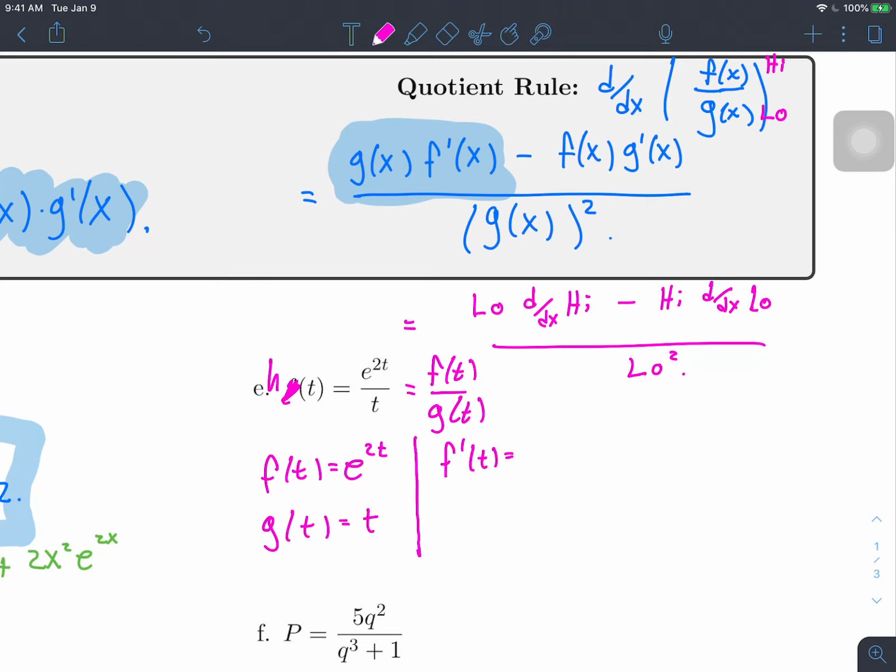Or have a good guess? Is it 2e to the 2t? Very good. It should be 2e to the 2t. Or e to the 2t times 2. Right? In this case, you put your chain rule multiplication down in the front. That's fine. All right, and g prime of t is just going to be 1, right? It should just be 1.